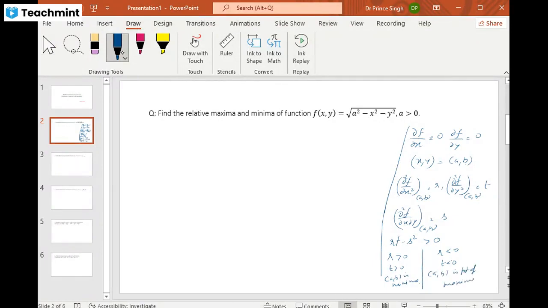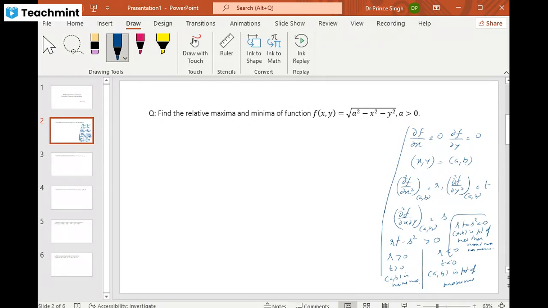And if rt minus s squared is less than 0, then we say that (a, b) is a point of neither maxima nor minima. Right?